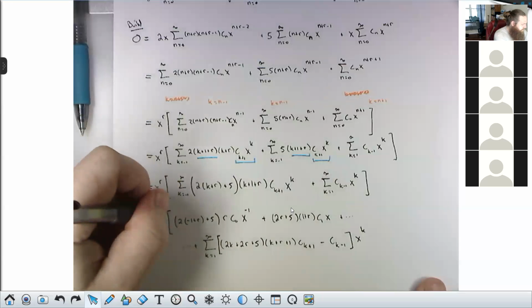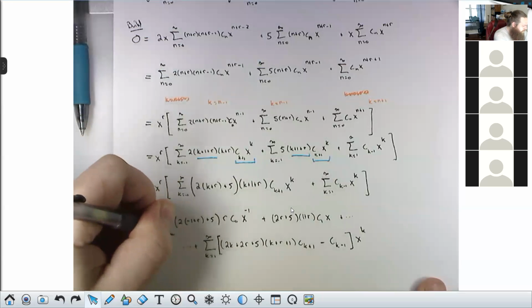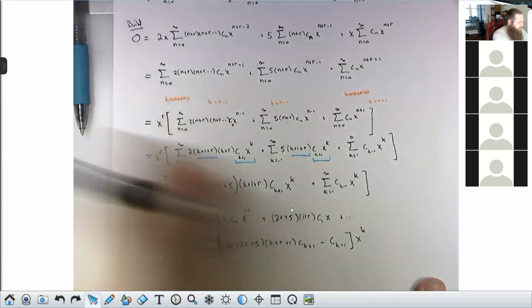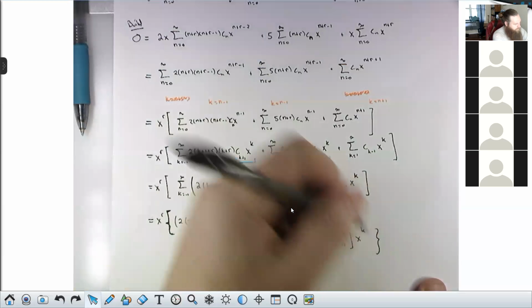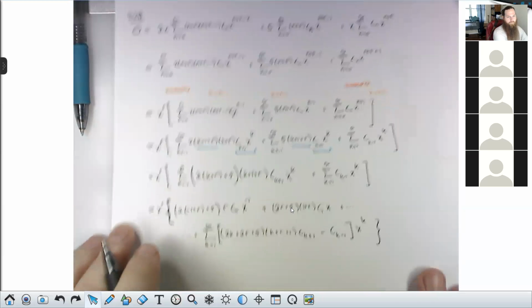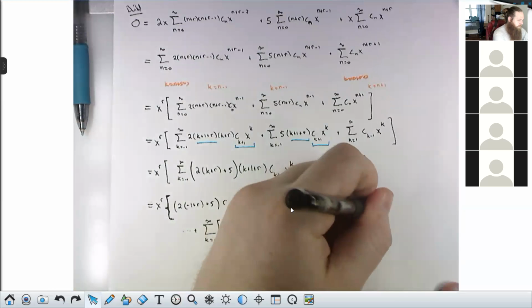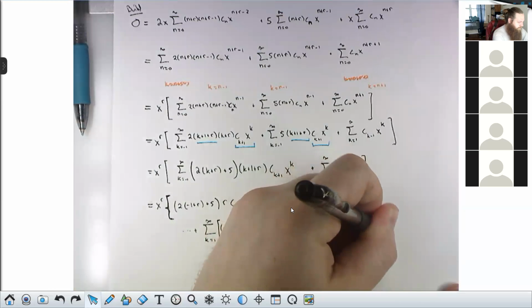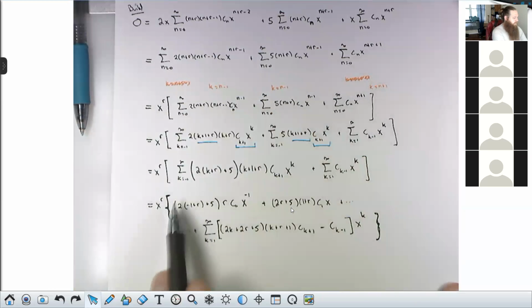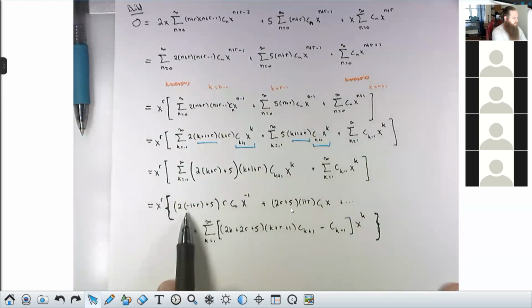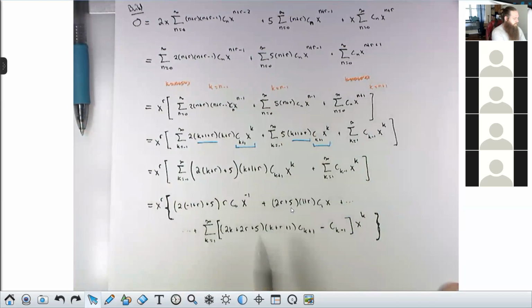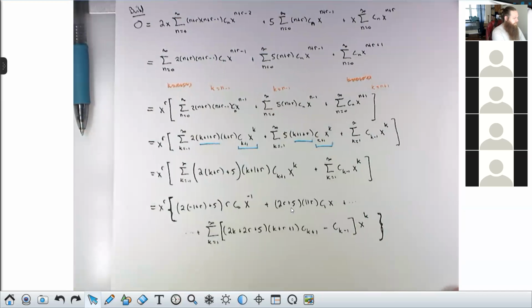And let me turn this into a curly brace. Close the curly brace. All right. Pretty severe looking expression, but all the same stuff's going on here that went on before. I'm going to set this term to 0, set this term to 0, set this stuff to 0.